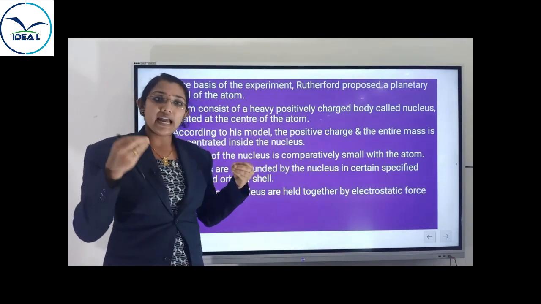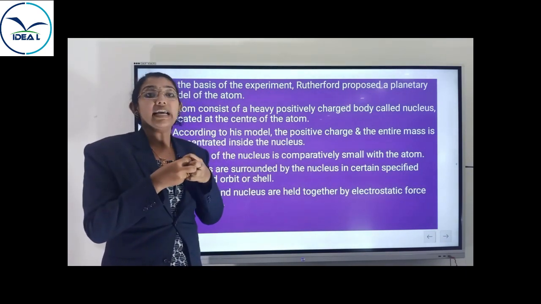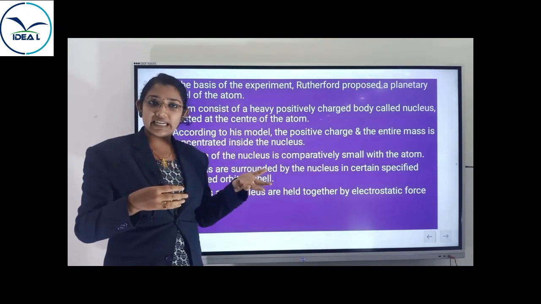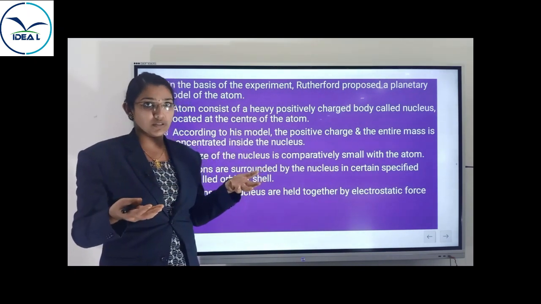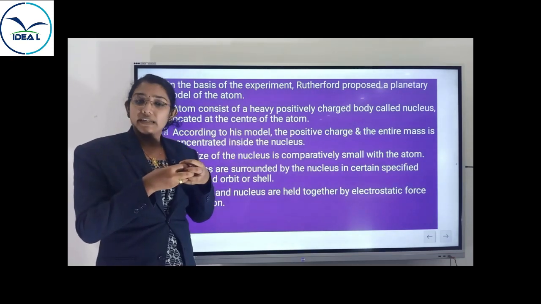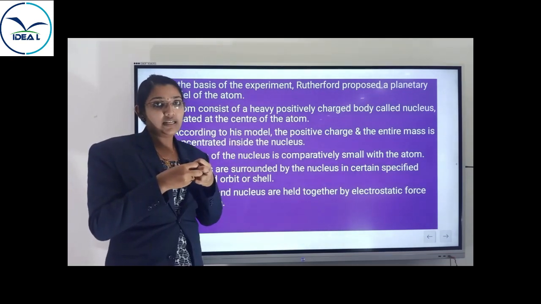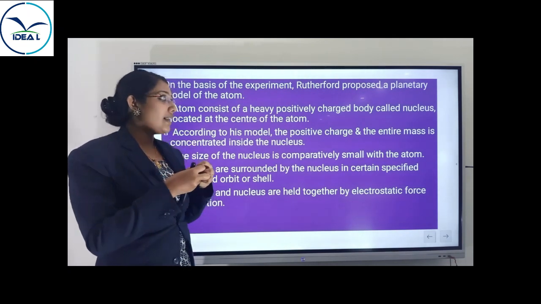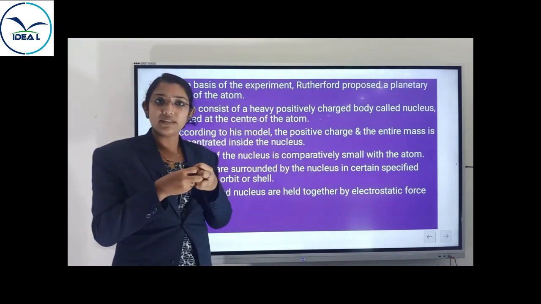We know that electrons are negatively charged and the nucleus possesses positive charge, so positive and negative charges attract each other by electrostatic force of attraction. So these are the postulates of Rutherford's atomic model.